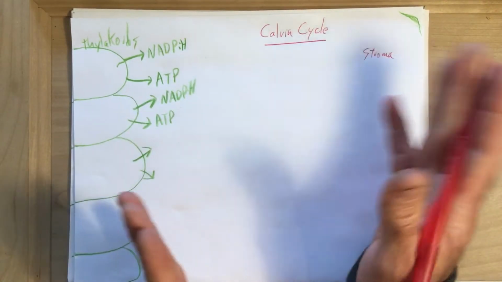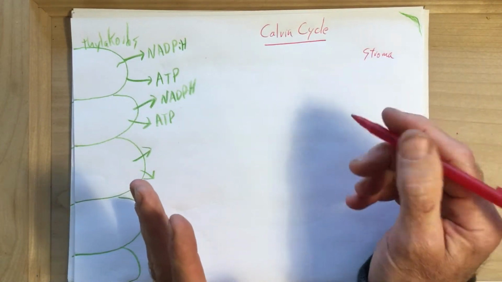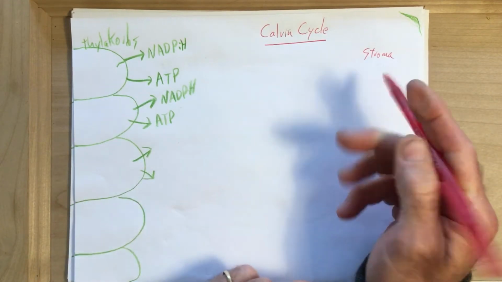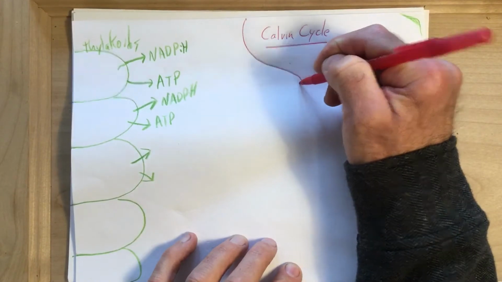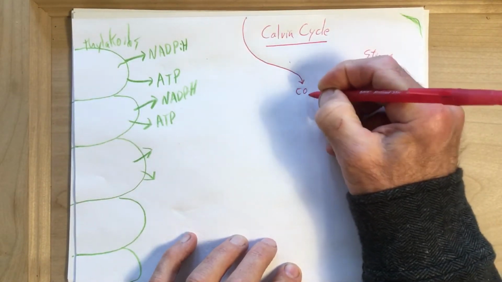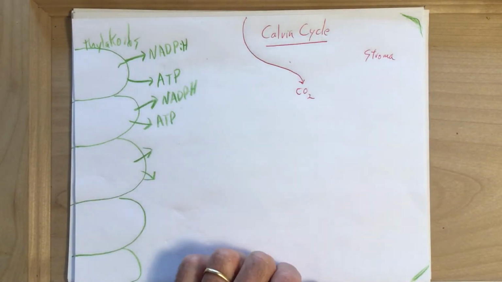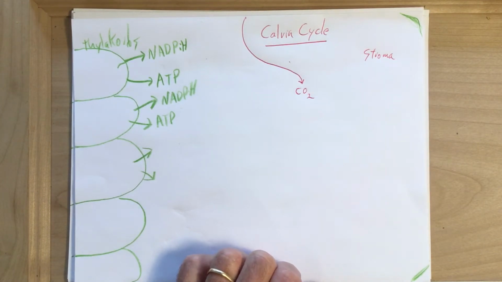All right? So we're just going to go through it, and then I'll try to explain the significance of each one of the steps. So here comes from the outside world the source of carbon. Carbon dioxide. Carbon dioxide comes from the atmosphere in this case, and the carbon dioxide is going to be leaking into that plant passively in through the cell membrane and then through the chloroplast membrane.